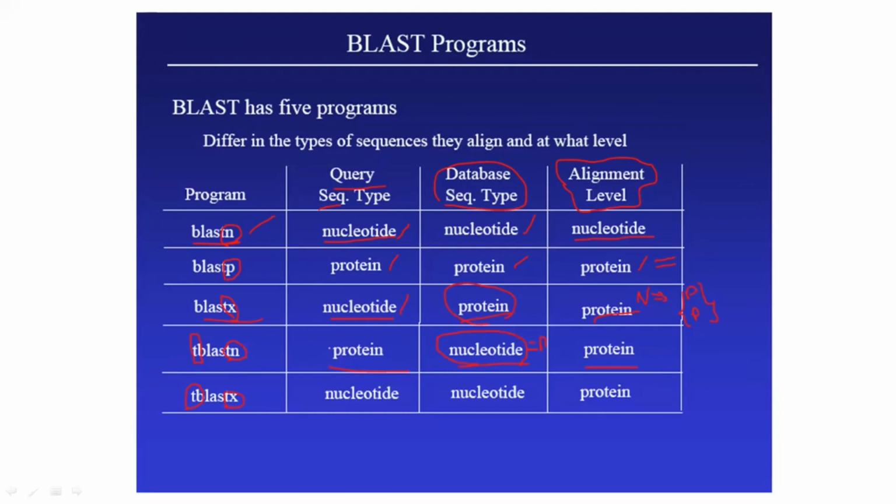This represents TBLASTN. In TBLASTX, the input is a nucleotide sequence and the database sequence is also nucleotide, but comparison and alignment are done with the translated nucleotide sequences, that is protein sequences, so alignment is done at the protein alignment level. So these are the types of BLAST.